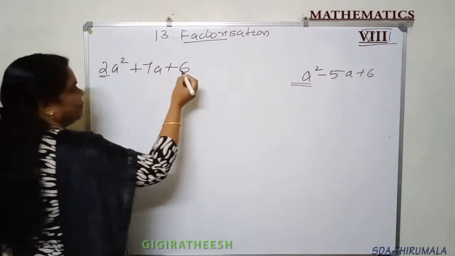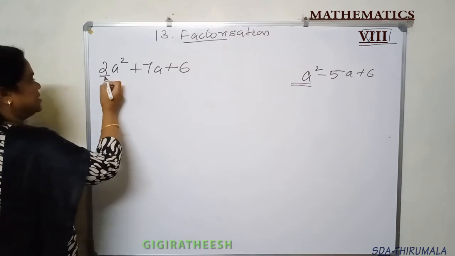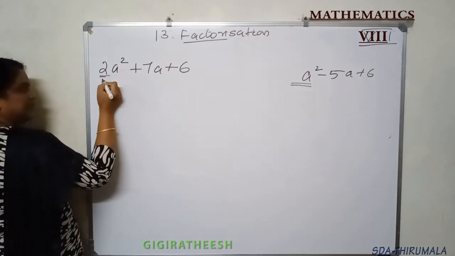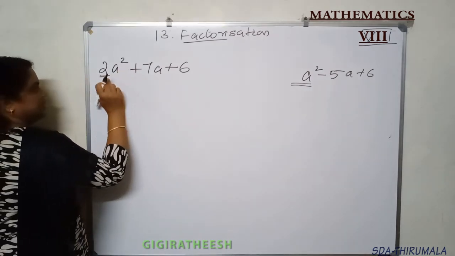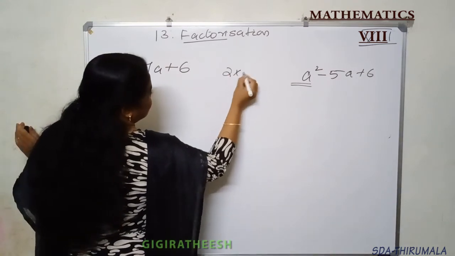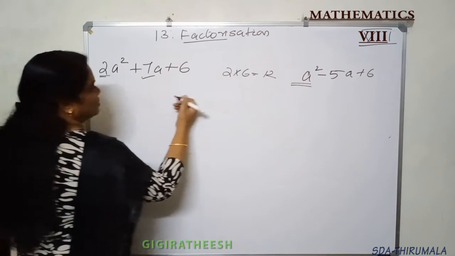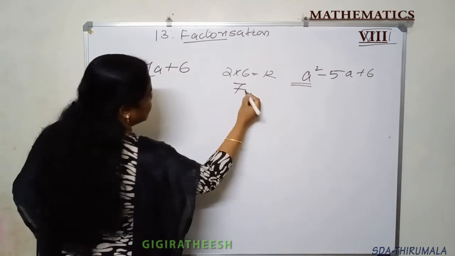First of all, multiply the 6 with the coefficient. That is, if there is a coefficient for the variable in the first term, multiply this coefficient with 6. That is 2 into 6 is equal to 12.